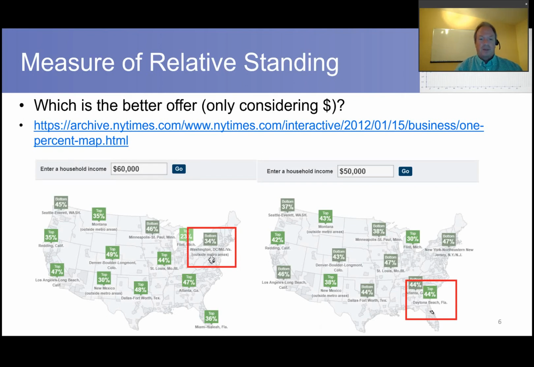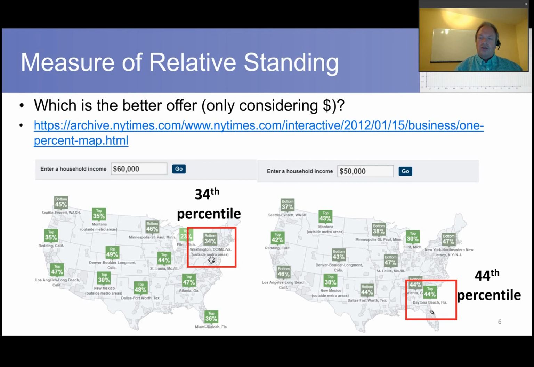If you type in $60,000, you see this result for Washington, D.C. That was the salary for the Washington, D.C. job. And if you type in 50,000, which was the salary for the Daytona Beach job offer, you get the following results.